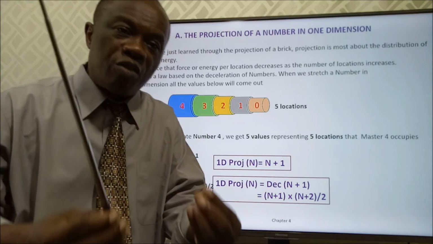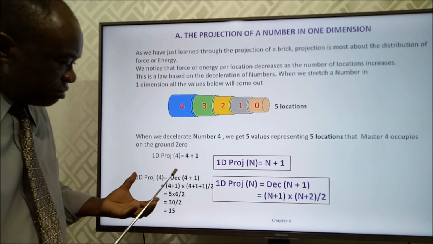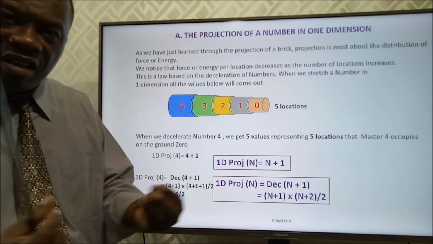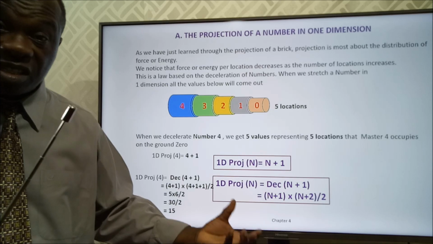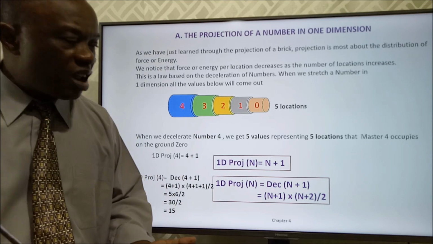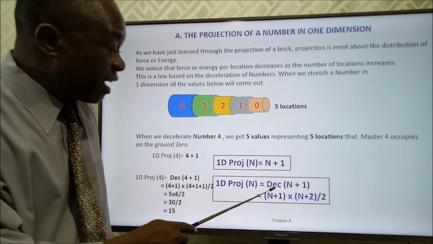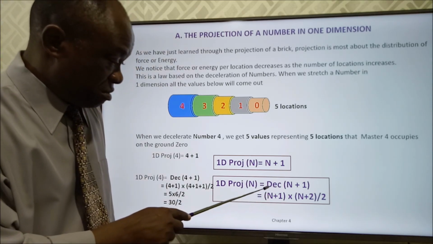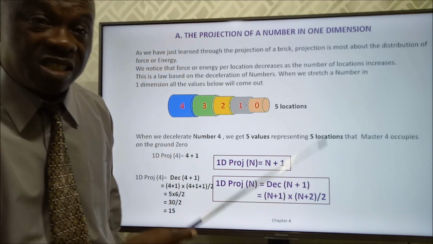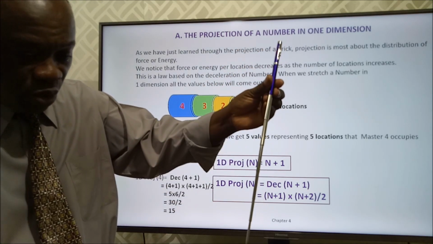But now, when it comes to the value as such, the energy or the mass or anything, because we are not really specific in something here, this is information. So when it comes to the value itself, to calculate that, we have to decelerate the n plus 1. Decelerate means we go from that n plus 1 down to 0.